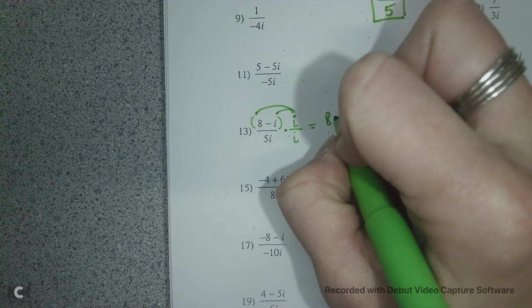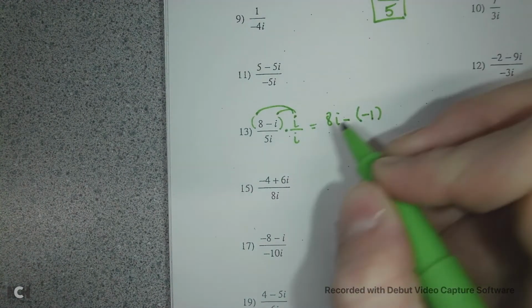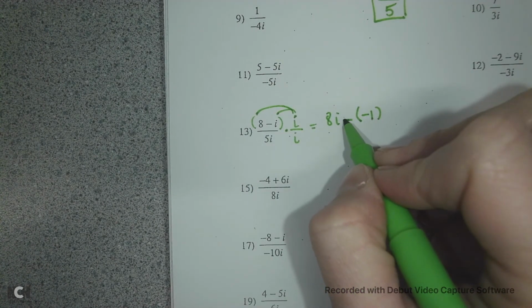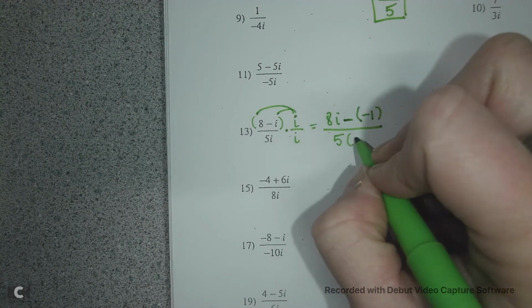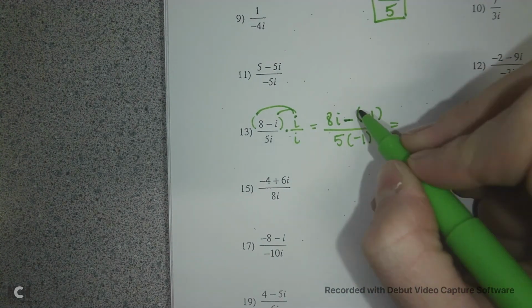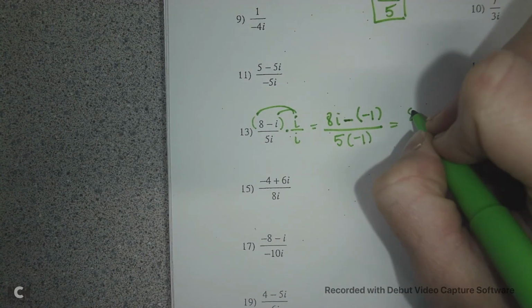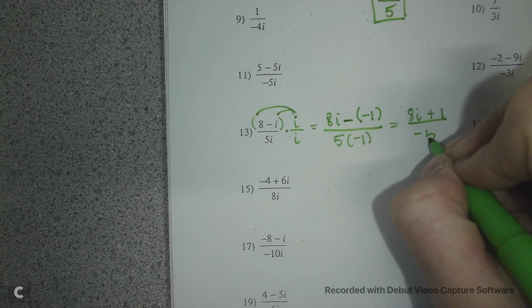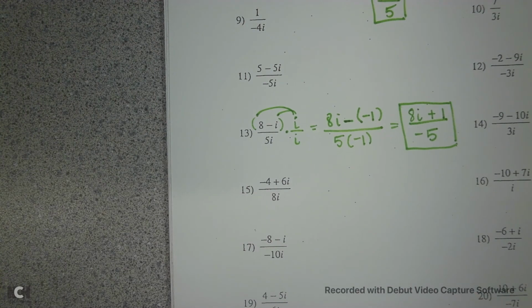So we have 8i minus -1, because i times i is -1, and since this was a minus before, I need to have a minus out in front. Then on the bottom, I have 5 times -1. A negative times a negative makes a +1, and on the bottom I've got -5. I can't reduce, so there we are.